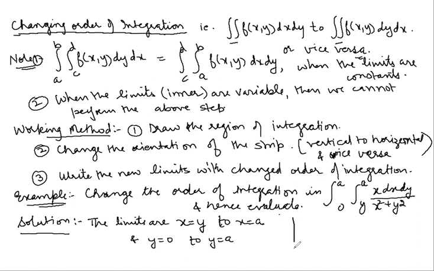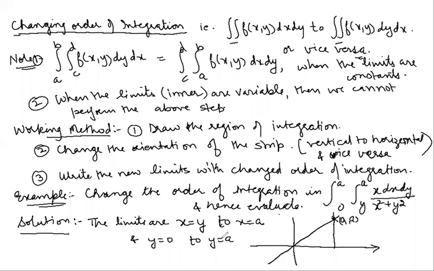Okay, for this we will see that this is region of integration. Okay, x is equal to y. x equals to y is this line. We know this is identity function. x is equal to y or y is equal to x, so it doesn't matter. ठीक है, तो x is equal to a. x is equal to a is the line parallel to y axis, right? तो यहाँ पे of course कौन सा पॉइंट आ गया? a, a.